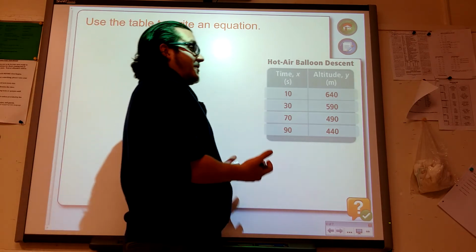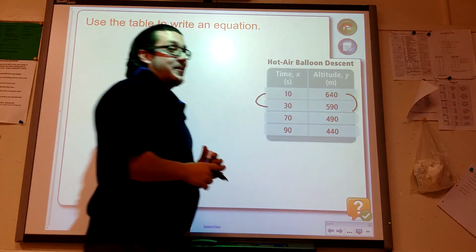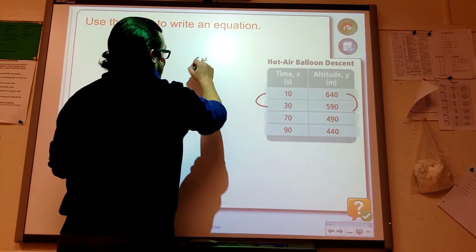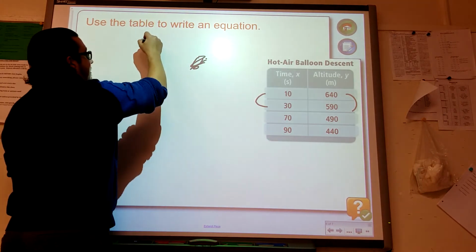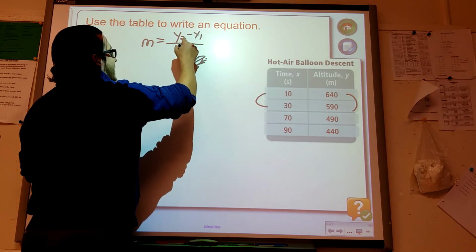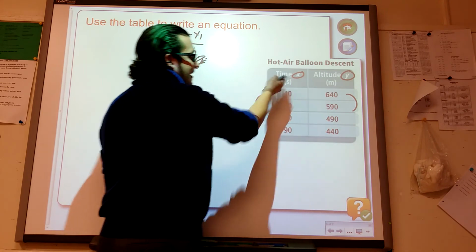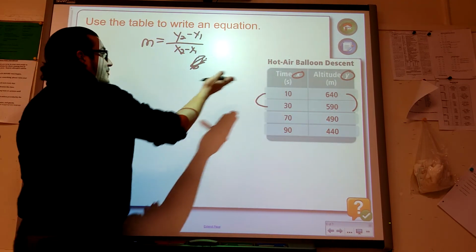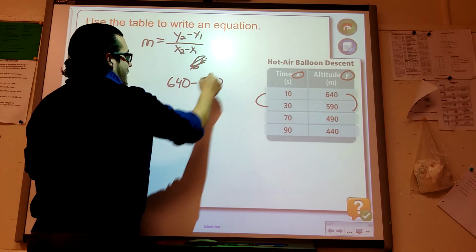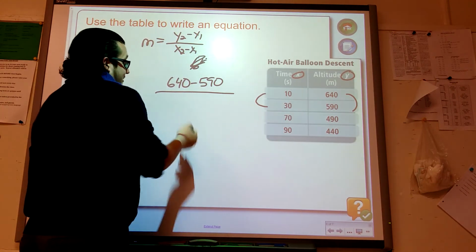So, first thing we should do is figure out our slope. We know this is our run, this is our rise, right? We've got y over x. Before I get to that, let me show you the equation, right? y2 minus y1 over x2 minus x1. It's telling us right here, this is our x, this is our y. We know the altitude's the y, the time is the x. So let's plug in. 640 minus 590. 640 we put first, so we've got to put 10 first.